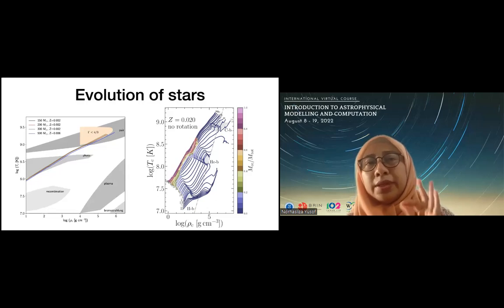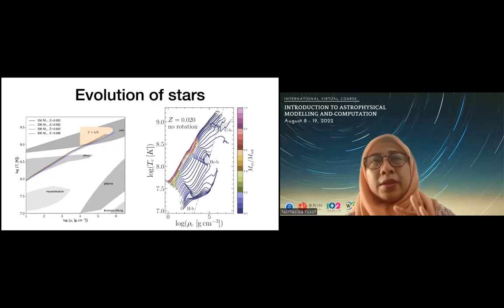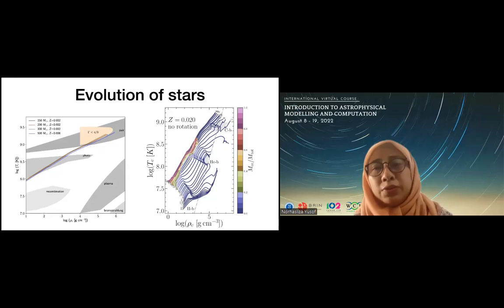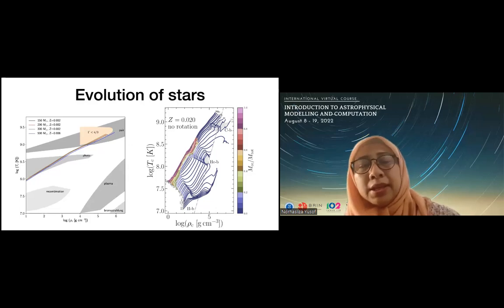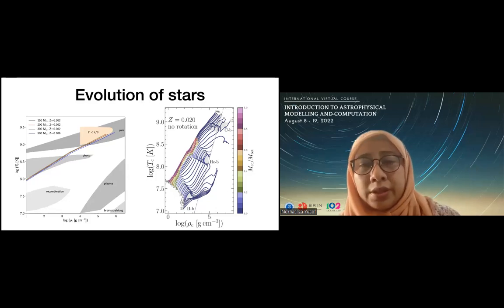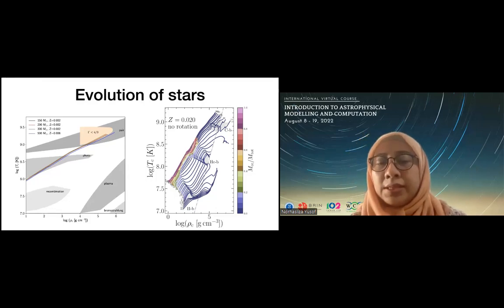star. One thing that we did is, we know that we have observed a lot of stars. We know the properties, the abundance, luminosity, and temperature, but usually we don't know the age. We don't know the mass. So by using this evolution, we can estimate at what particular age our star has evolved. This is another temperature-density plot.